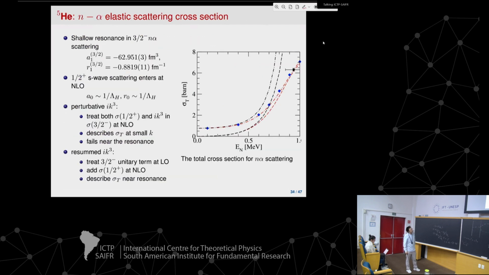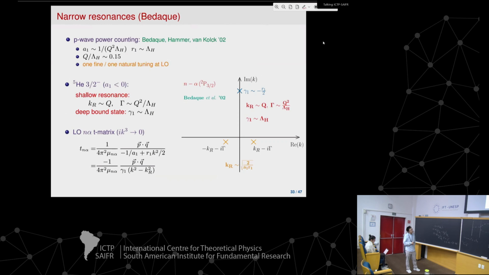But the fee you need to pay by doing that is that you can only describe this T matrix at a certain range of momentum. Basically, you can describe it when k squared is smaller than 0, which is applicable when you are using this effective field theory to describe helium-6, because helium-6 is a bound system.